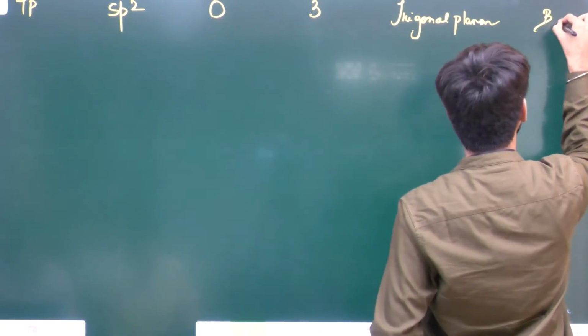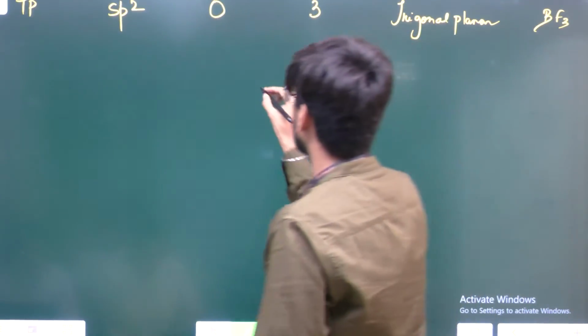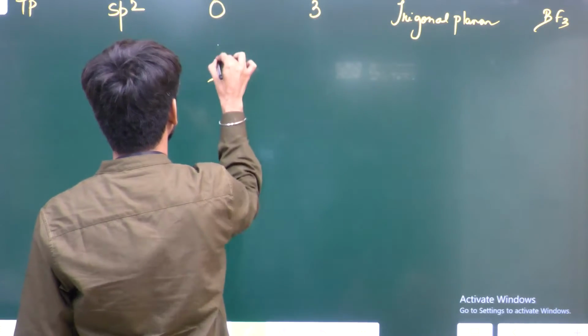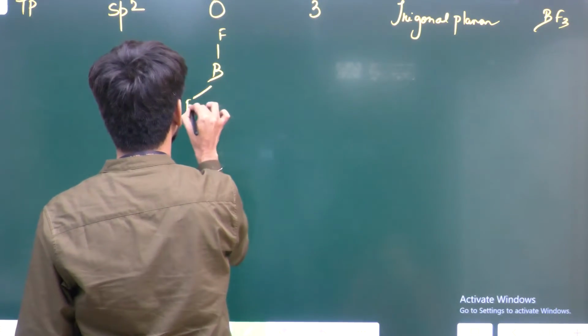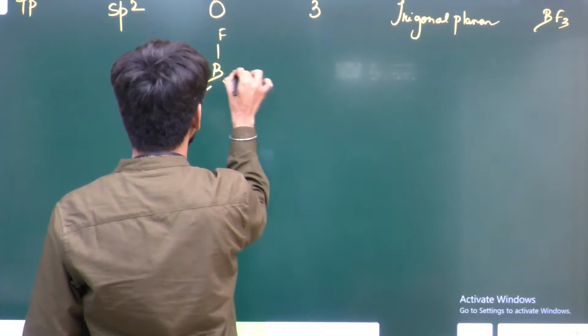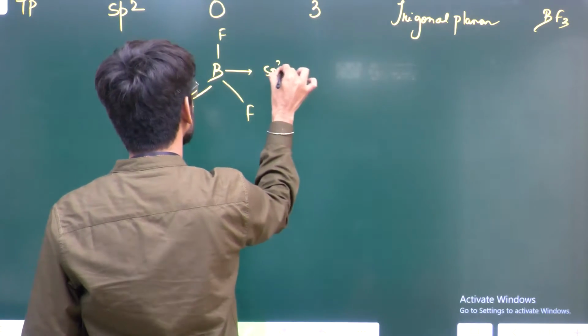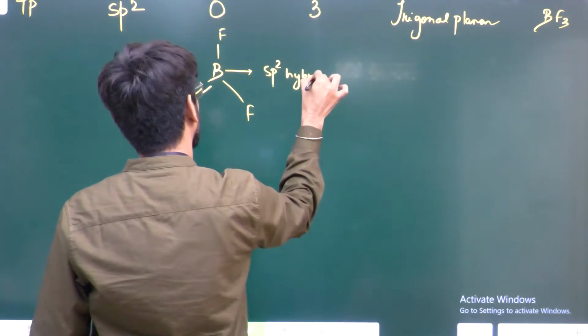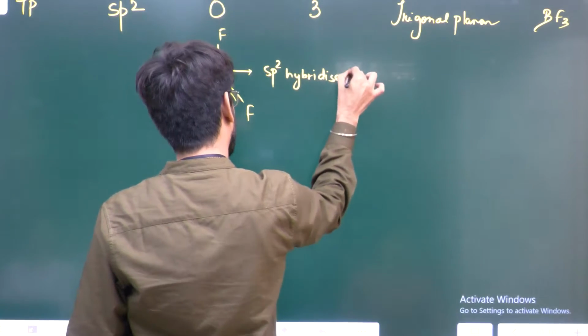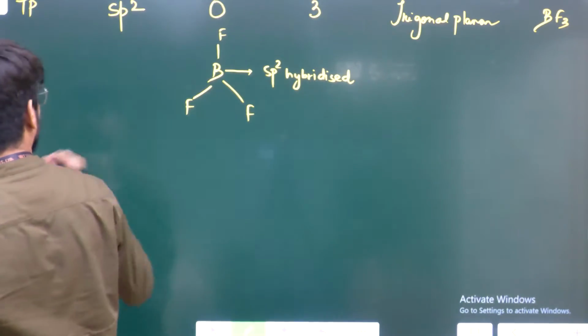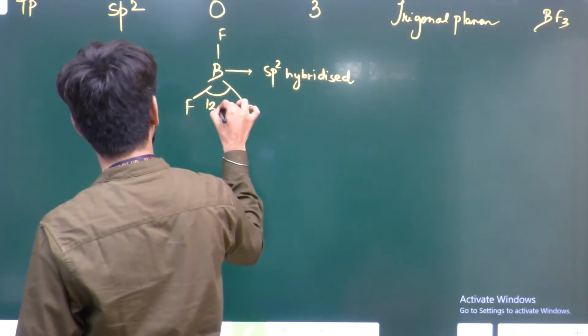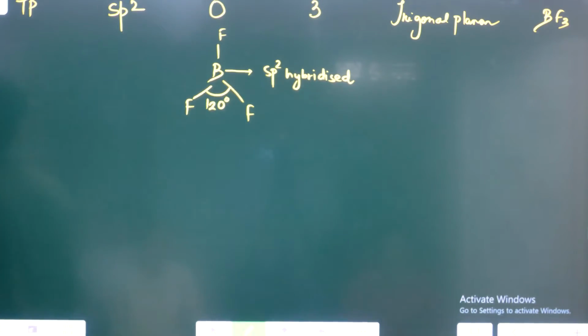Example: BF3. If I ask you what is the hybridization of boron, this is sp2 hybridized. And you know this bond angle is 120 degree. Clear?